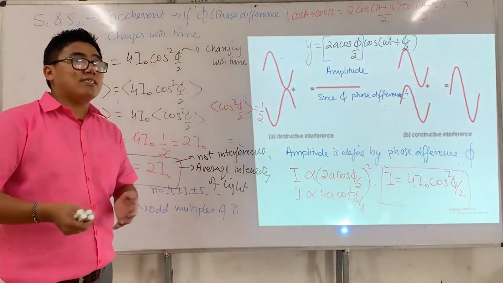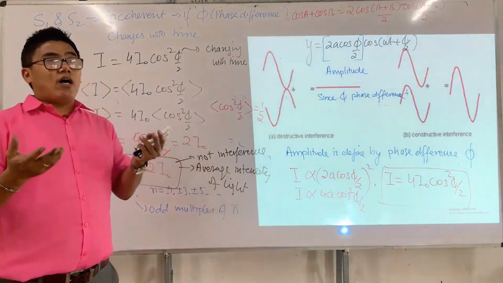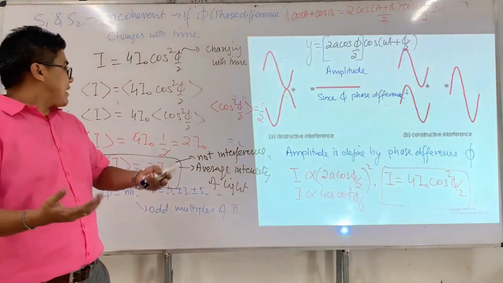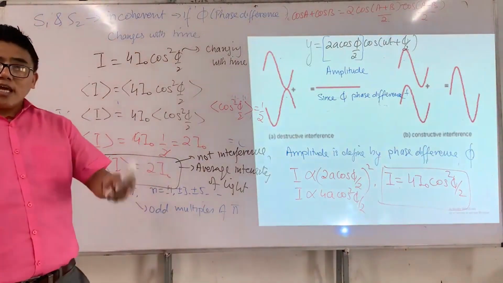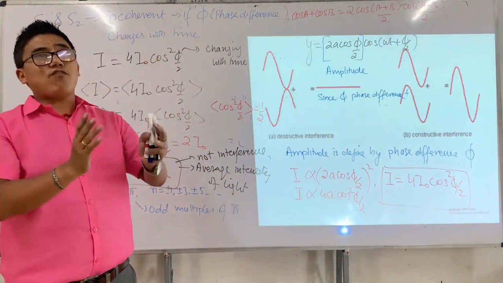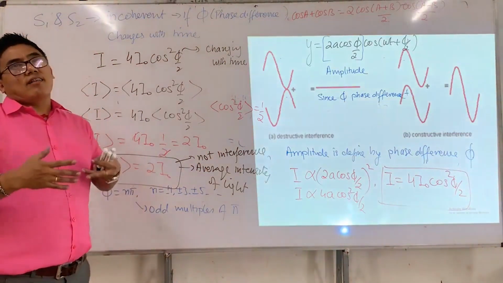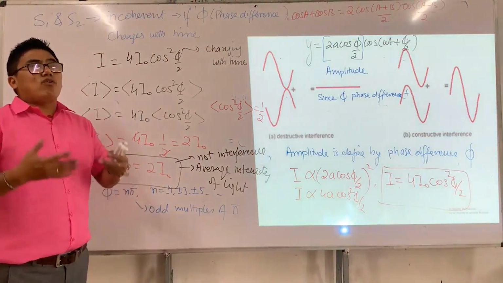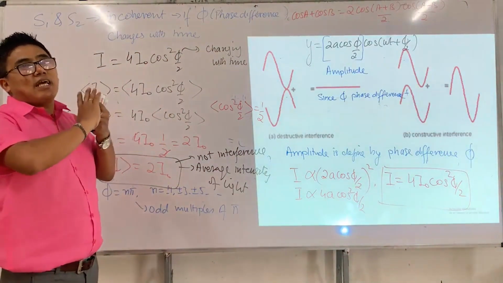So maybe in an exam they may ask why two incoherent lights don't give you interference. This is the reason. In case of interference, you get either constructive or destructive. In this case, you are getting neither constructive nor destructive, you get some average intensity.